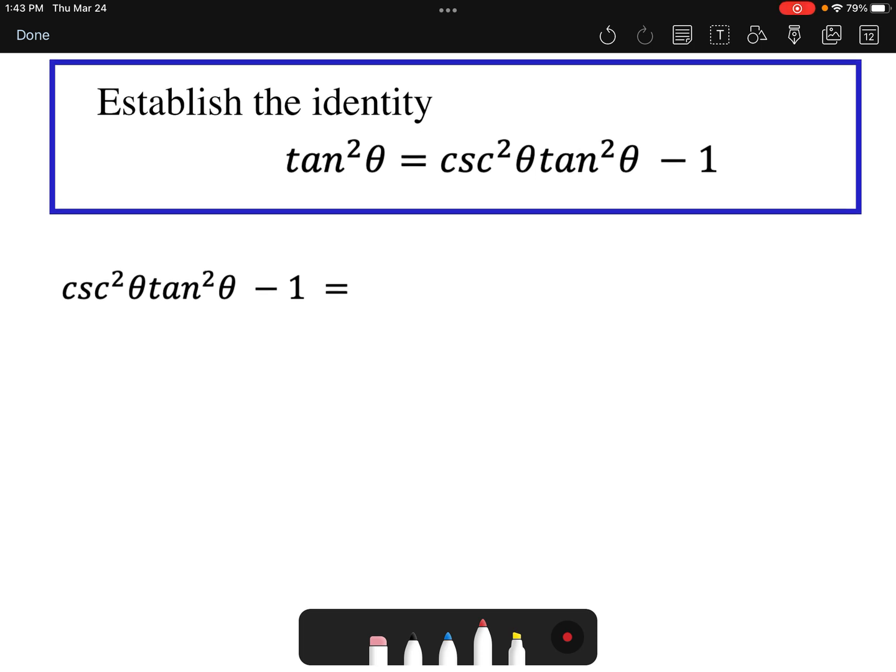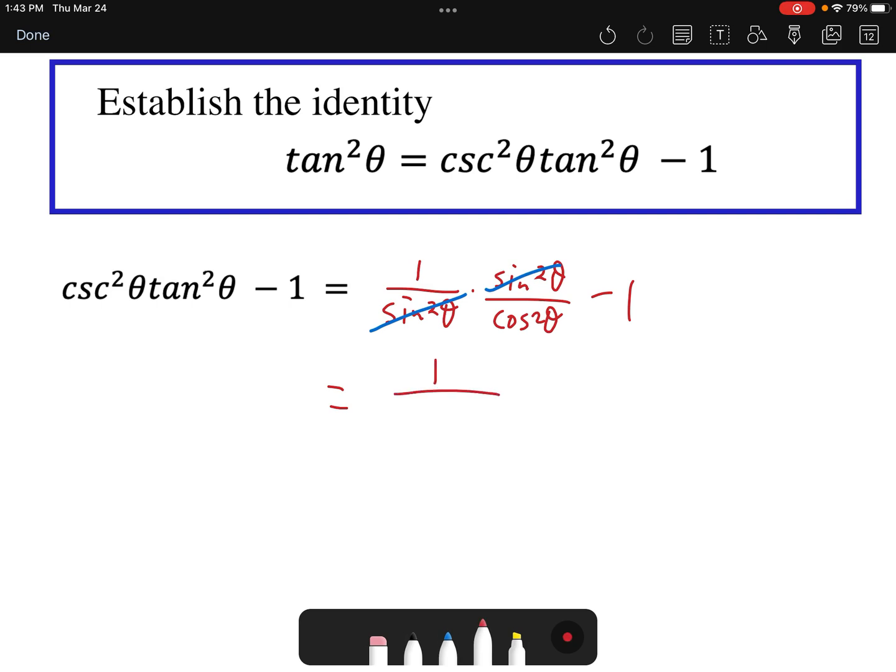Now the right side on this one looks way more difficult than the left side, so we're going to start with the right side. And I'm going to change cosecant to 1 over sine squared theta, and I'm going to change tangent to sine squared over cosine squared and see if that leads us to anything. Well, those are going to cancel.